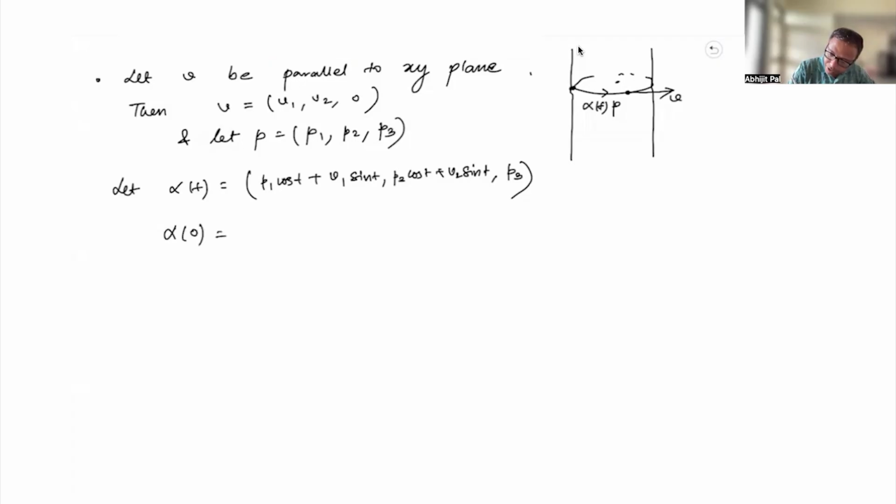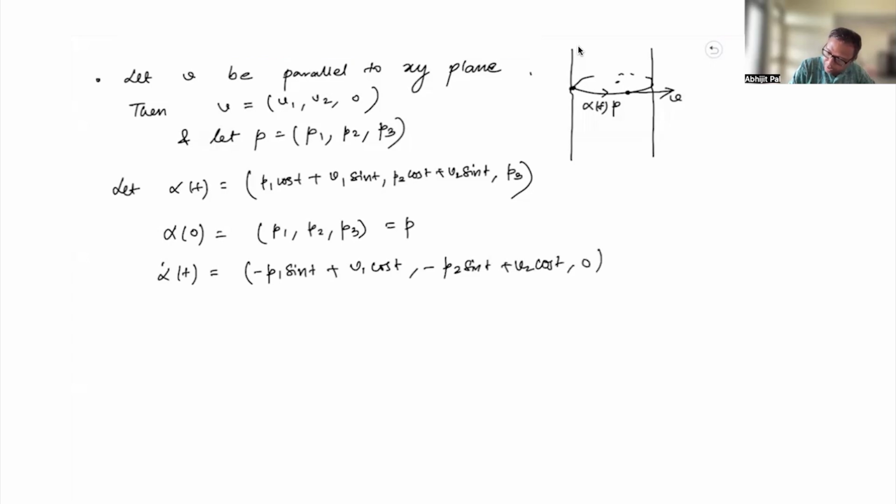So alpha(0) is equal to (p1, p2, p3), which is equal to P, and alpha dot(t) is equal to (-p1 sin t + b1 cos t, -p2 sin t + b2 cos t, 0), and alpha dot(0) is equal to (b1, b2, 0), which is equal to B. Now, in order to find the second fundamental form, you take this Gauss map and take the differential.